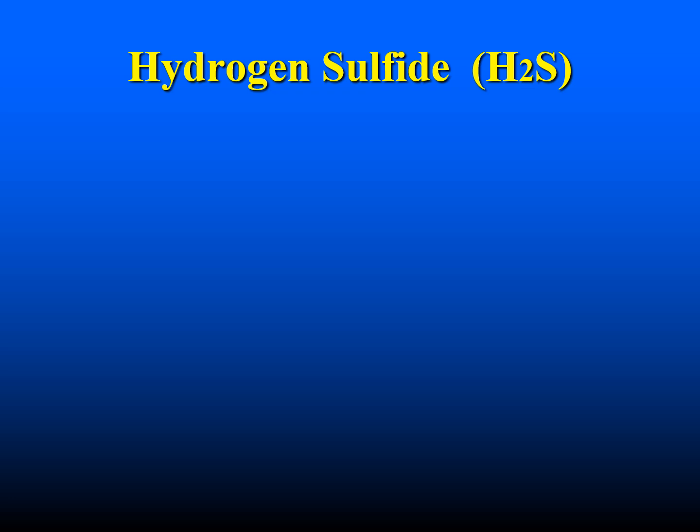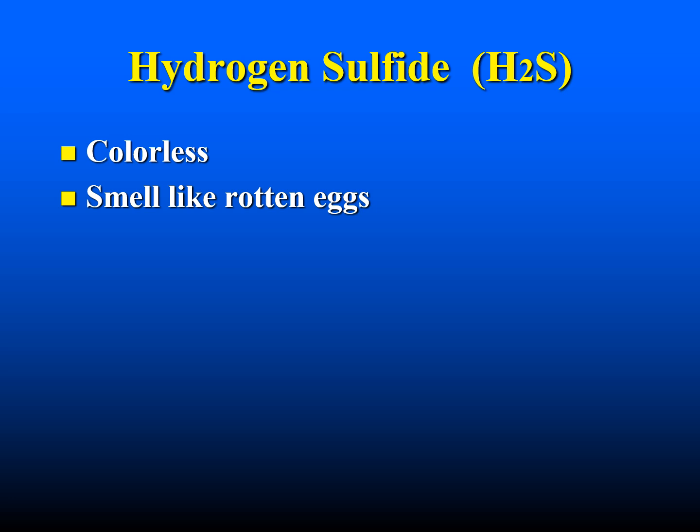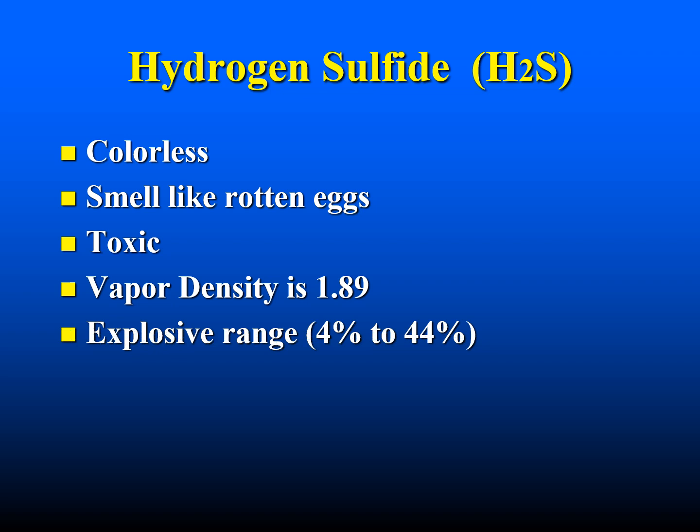Now let's talk about hydrogen sulfide, another gas that is commonly found in confined spaces. It is colorless. It smells like rotten eggs. It's toxic. It has a vapor density of 1.89, which means it's heavier than air. It has an explosive range of 4% to 44%.